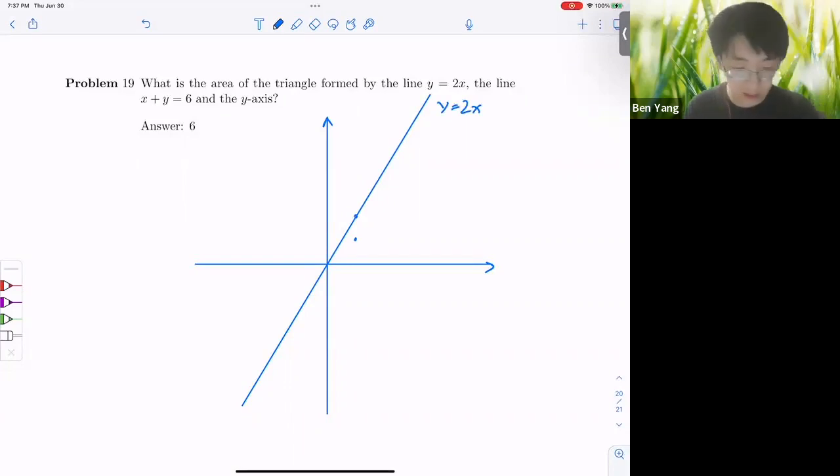We also have the line x + y = 6. Let's find some points there. For example, I see the point (2, 4) is on the line. And also (6, 0) and (0, 6).